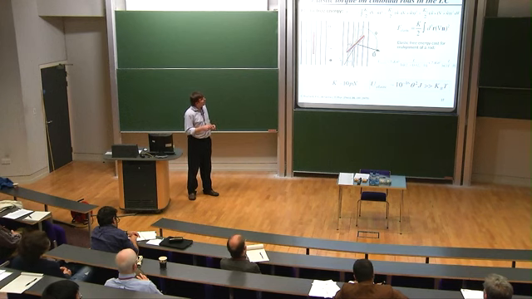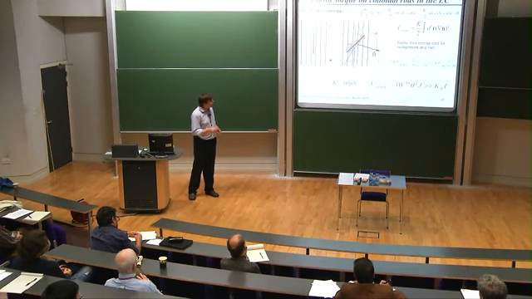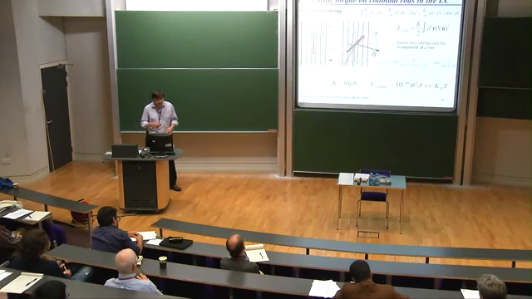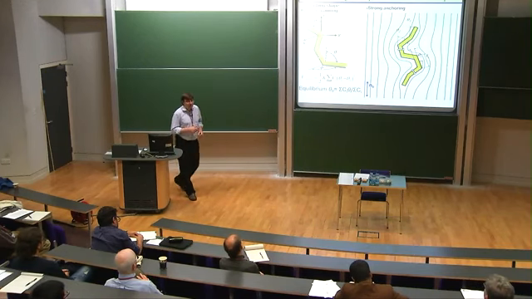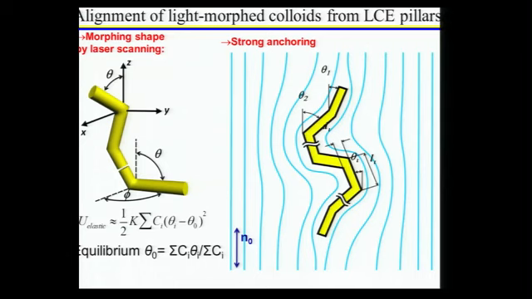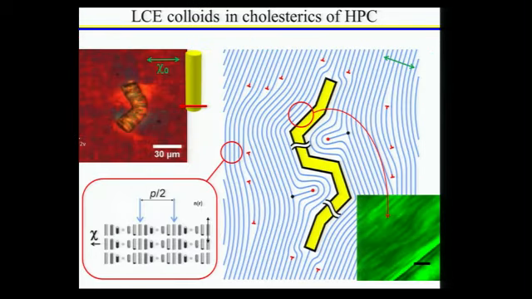So by using one elastic constant approximation and electrostatic analogy, they came up with such a result in here. And we can adopt this approach, extended simply to those more complicated particles that are simply cylindrical fragments rigidly connected to each other. And we can obtain equilibrium alignment of such a particle, the result for it, by simply maximizing the length of such a colloid along the liquid crystal director.